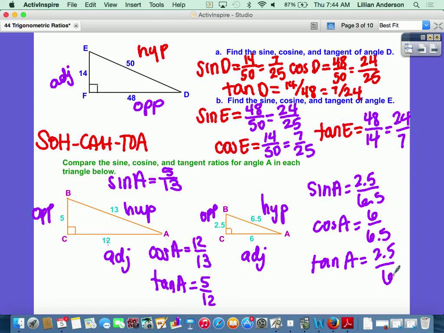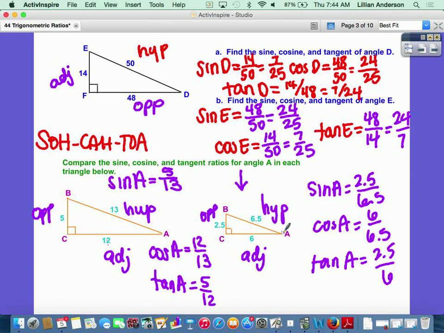Did you notice anything interesting here? Well, you should have, because basically this triangle over here is half of the triangle on the left, okay? So the sine of angle A in the big triangle is the same as the sine of A in the little triangle.